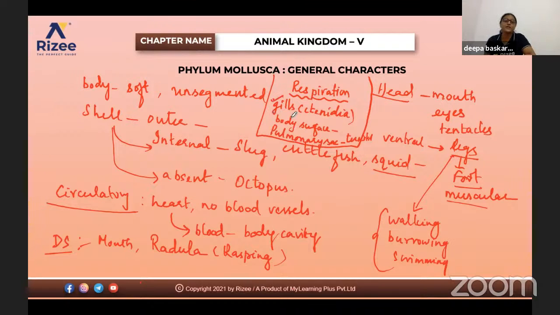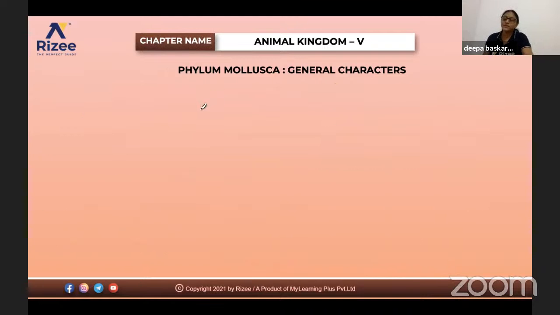Gills are the major respiring organ in aquatic mollusks, and the pulmonary sac is for terrestrial mollusks. Clear? Yes. Next comes excretion.